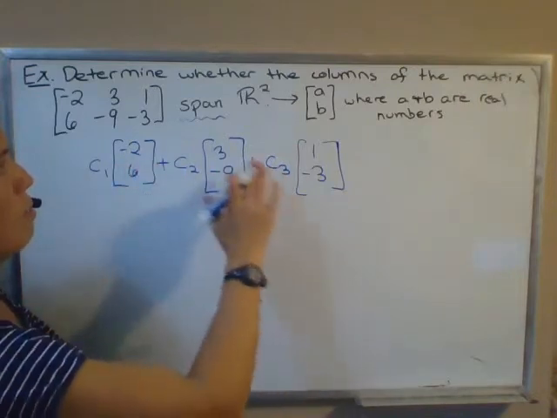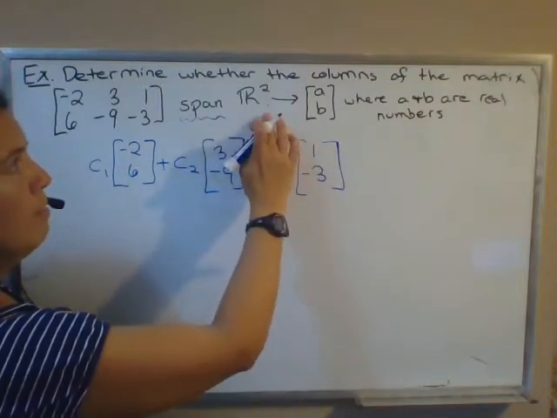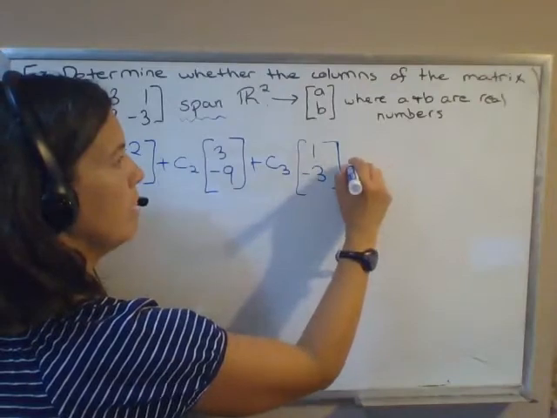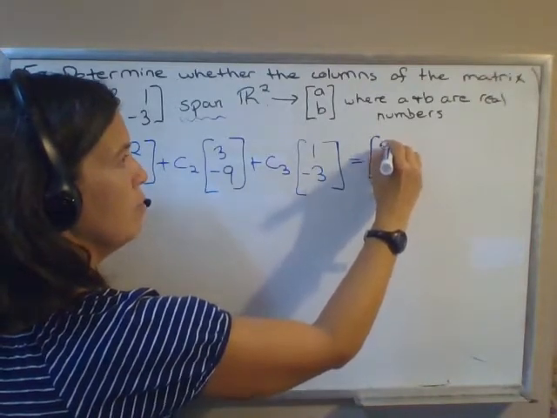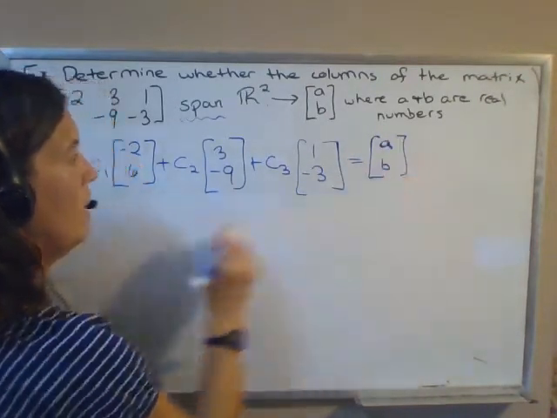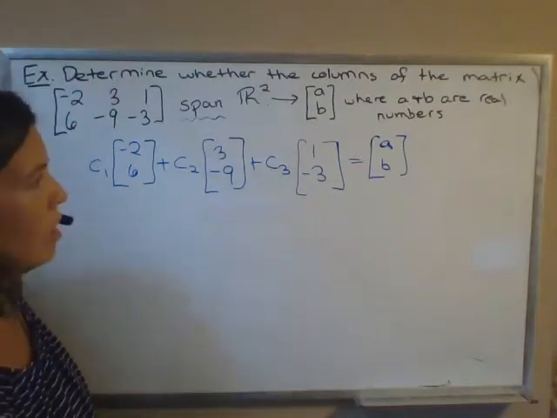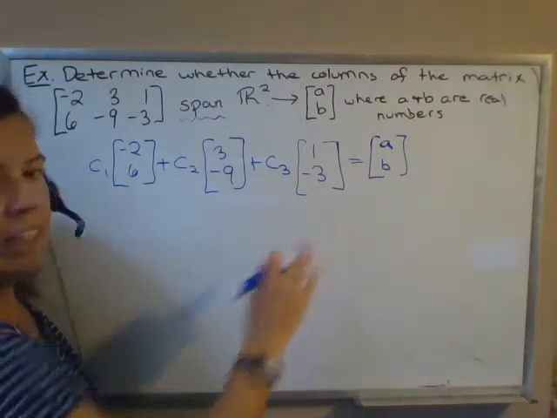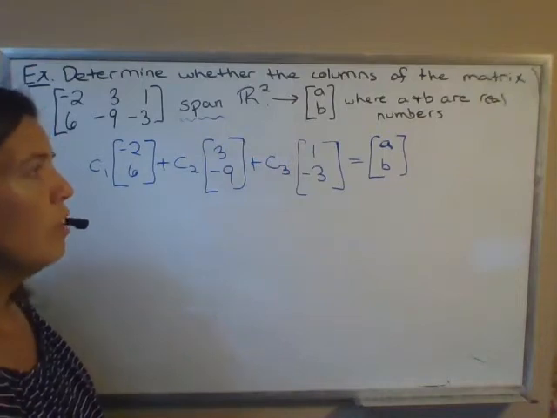And so the columns here span R2 if we can take any vector AB that came from R2 and write it as a linear combination of these three columns. So now I've written this as a vector equation.